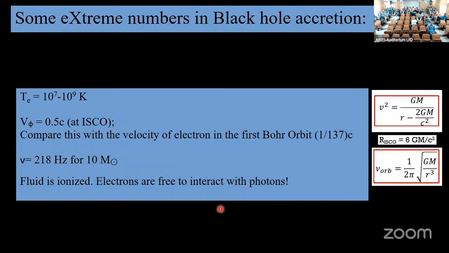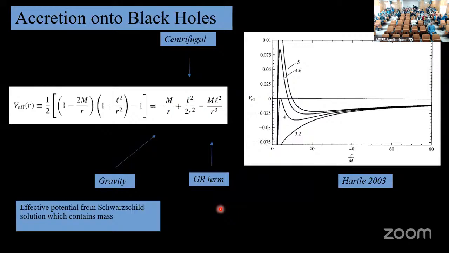So you can see the electron is moving at nearly ultra-relativistic speed. And the frequency corresponding to 10 solar mass is roughly of the order of 218 Hz. The fluid is completely ionized because your electrons and protons are separated, because it's so high energy. So electrons will freely interact with photons. Now we'll dig deeper into how this is happening.